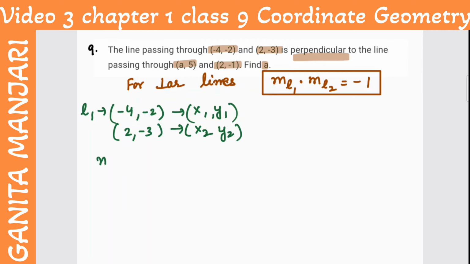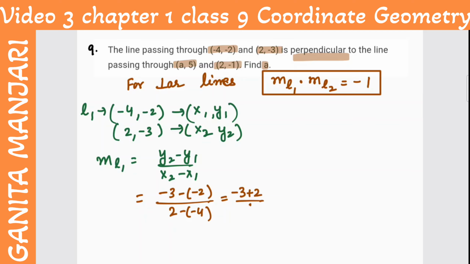So what is the slope of L1? y2 minus y1 upon x2 minus x1. So let's put in the values. Here y2 is negative 3 minus minus 2 upon x2 minus x1, which is 2 minus minus 4. So it is equal to negative 3 plus 2 upon 6, which is equal to minus 1 by 6. Now let us find it for line L2.